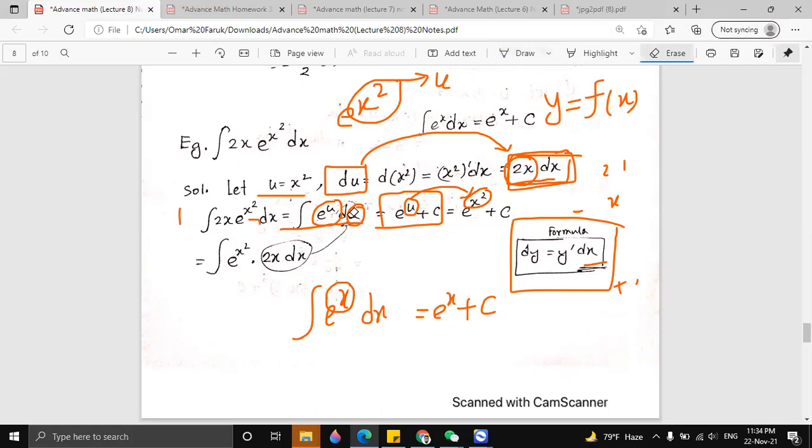But if it was like dx, then you could not vanish it, because here we are calculating in terms of another variable. So we cannot do this way. Okay. That's why this is e to the power u by du.